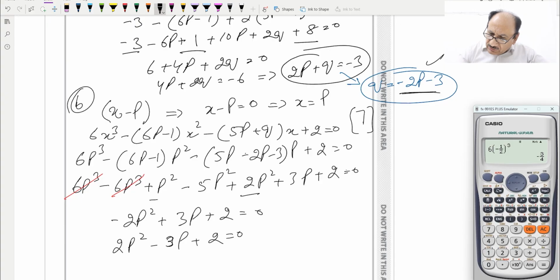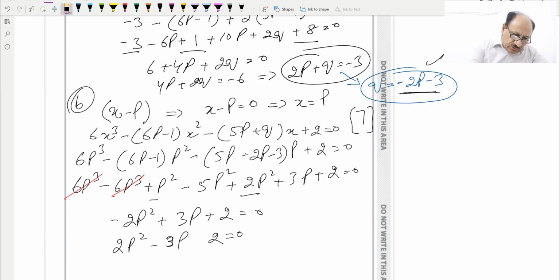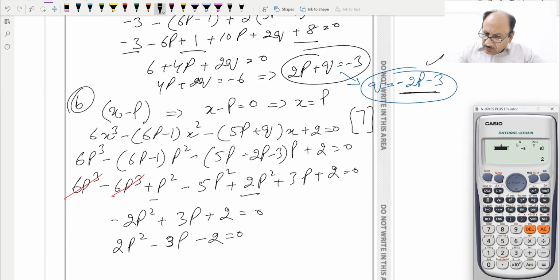We need to factorize this. If we factorize by using the calculator, the coefficient of p square is 2, the coefficient of p is minus 3, and the constant is minus 2. We were making a mistake, it should be minus 2 here.